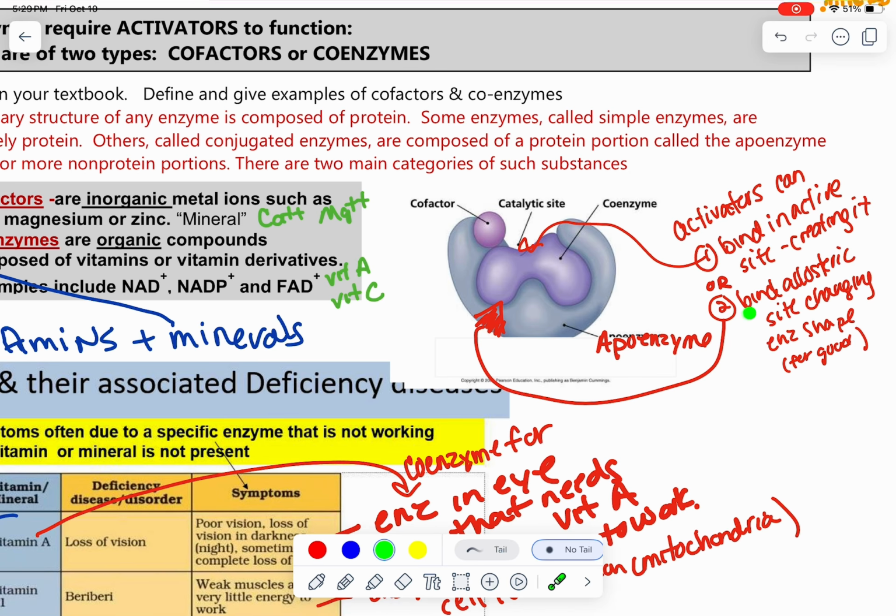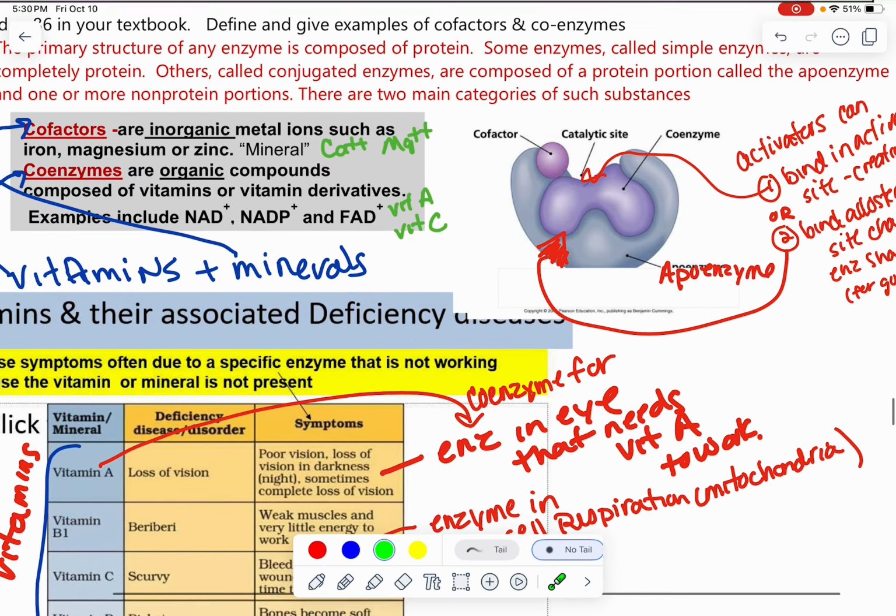Other activators might be allosteric activators, which means they're going to bind an allosteric site, which is some other site, like let's say they might bind back here, which changes the shape of the enzyme so the active site works. So some activators are allosteric and some might go right in the active site. Both are helping the enzyme be the right shape. Okay.